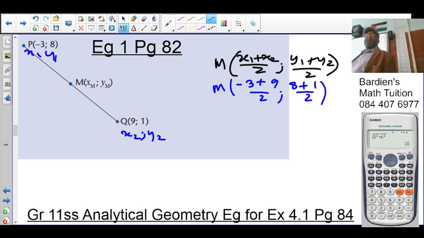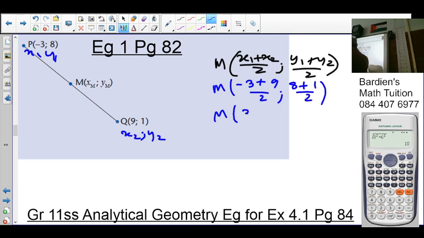Is there any confusion? Am I moving too fast? You with me? So negative 3 plus 9 is 6, divided by 2 is 3. 8 plus 1 is 9 over 2. Is there any confusion?